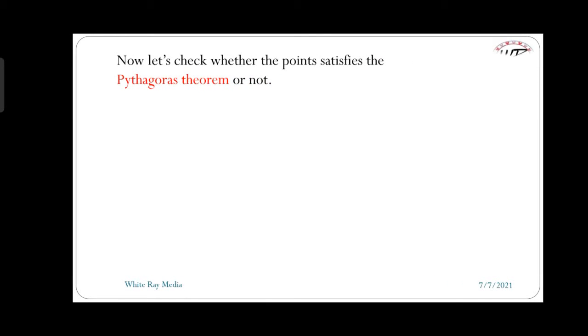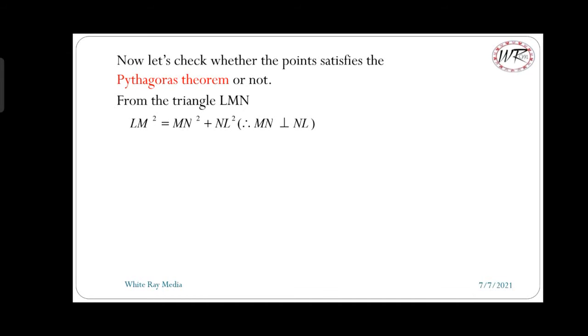Now let us check whether the points satisfy the Pythagoras theorem or not. From the triangle LMN, we need to prove the Pythagoras theorem: LM square is equal to MN square plus NL square, where MN is perpendicular to NL. We can see the illustration picture.